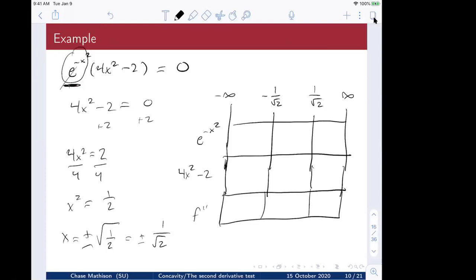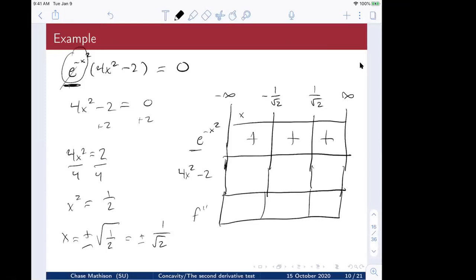Well, what sign does e to the negative x squared have for any x? Positive. It's positive everywhere. E to the minus x squared is positive for any old x. Okay. So we don't even need to pick test values there. We can just fill in that whole row with pluses.